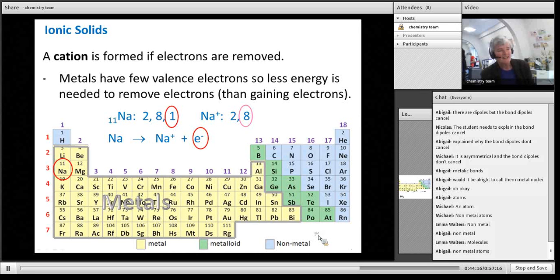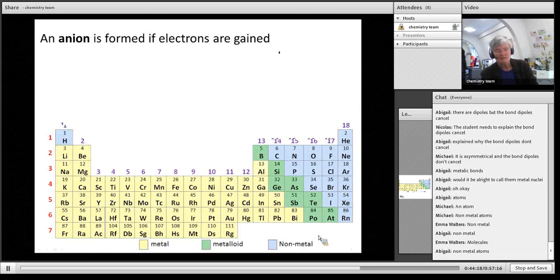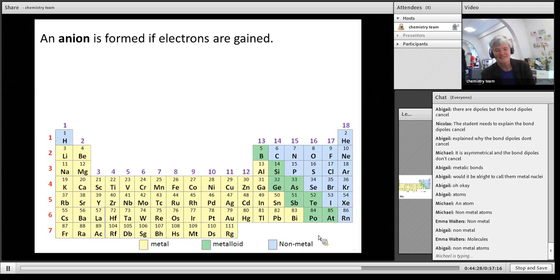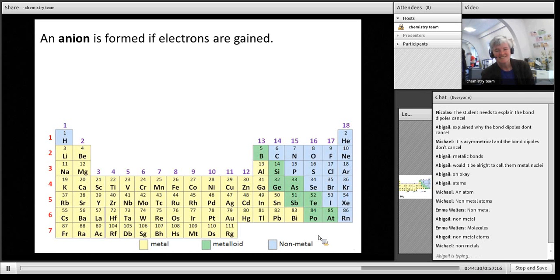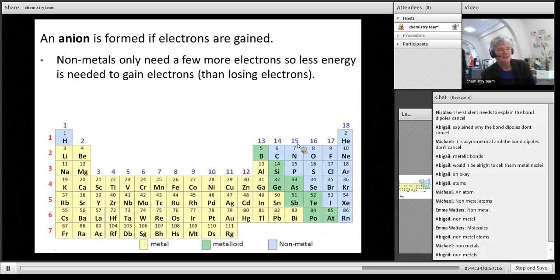Right, anions. What sort of elements gain electrons? Metals or non-metals? Non-metals. Okay, so because they're on this side, they only need to gain a few more electrons, and so they'll get a full energy level after just gaining a few, rather than losing all the electrons to empty out an energy level.